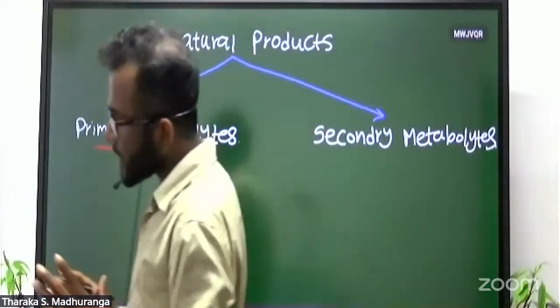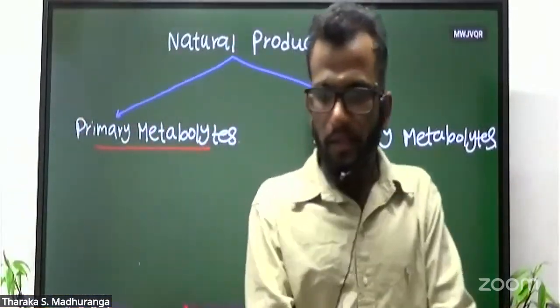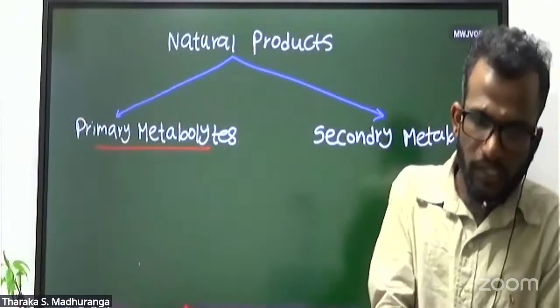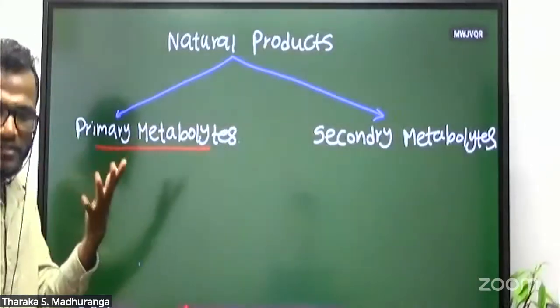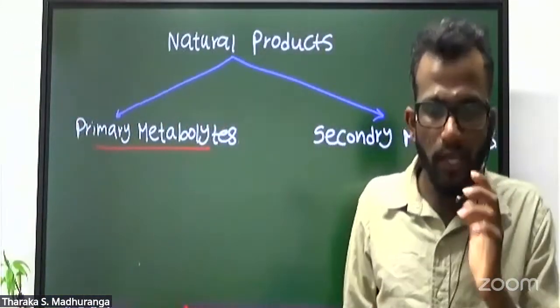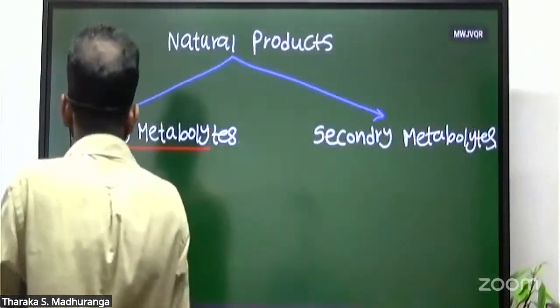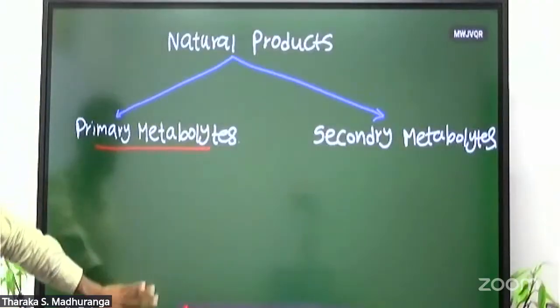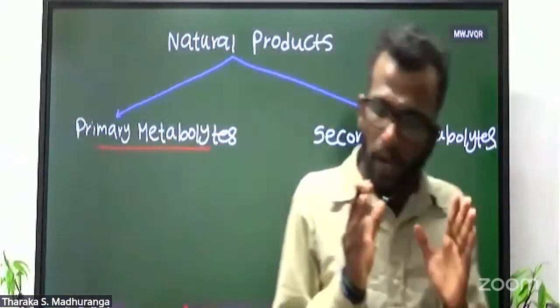The natural products mean the second part of the biomolecule lesson. You can understand that within a few minutes. That is the second part of the biomolecule lesson. The biomolecule lesson, everything we have completed. This is the same as the second part of the biomolecule lesson.